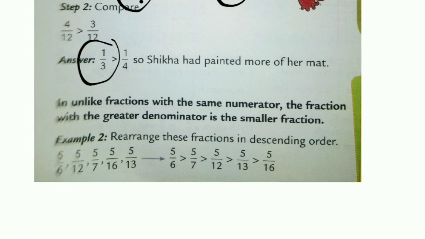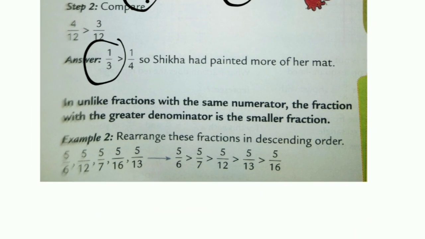These all have the same numerator, so now we can compare with the denominator. If the denominator is less compared to all the denominators, that is the greatest one. So after the greatest, which number will come? As a sequence you can write it.